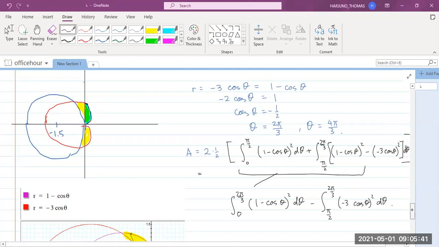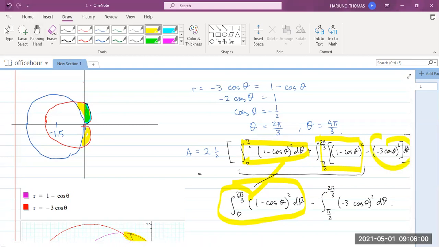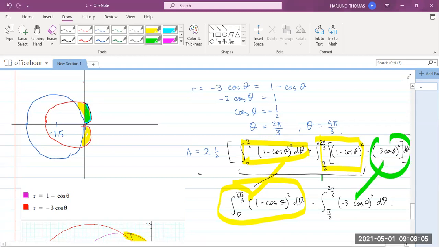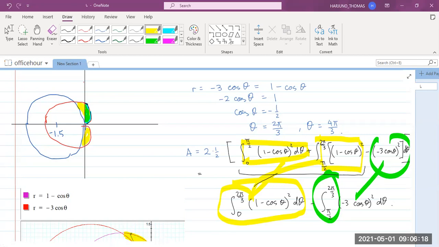This is what I did in my test, the second line. But you see, this is exactly the same function as this, so I can combine them into this domain of integration, and then subtract this part here, which is only for pi over 2 to 2 pi over 3. So I think what I did in my solution is correct.